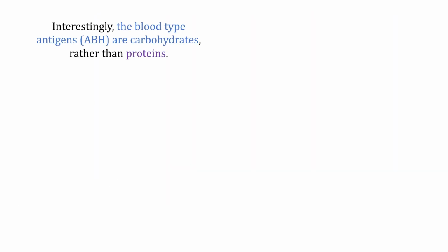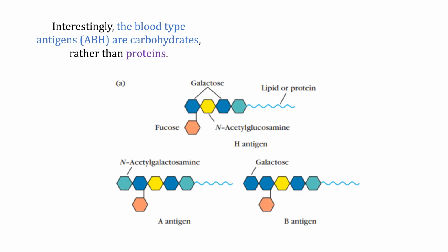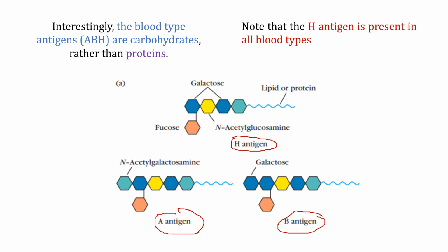Here you can see the A antigen, B antigen, and H antigen. The H antigen is present in all blood types.